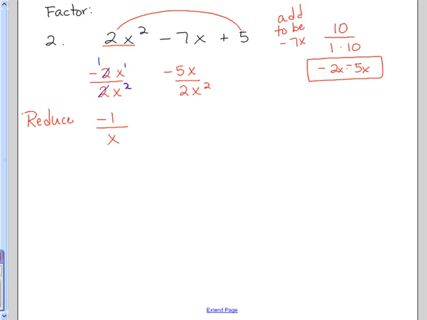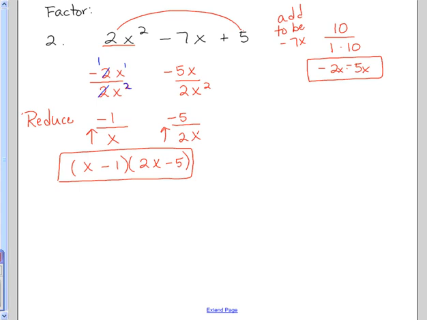Reduce the second term. Negative 5 over 2 will not reduce. X over x squared leaves me with x in the denominator. Now remember, bottom to top, or we say bottoms up, my answer would be x minus 1 times 2x minus 5.